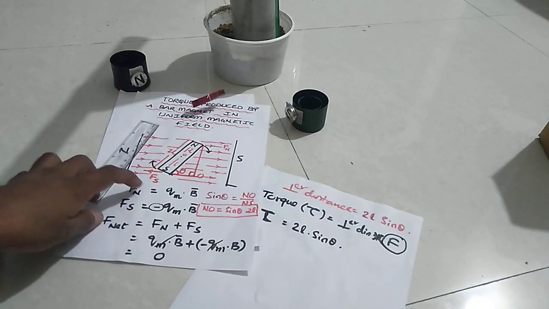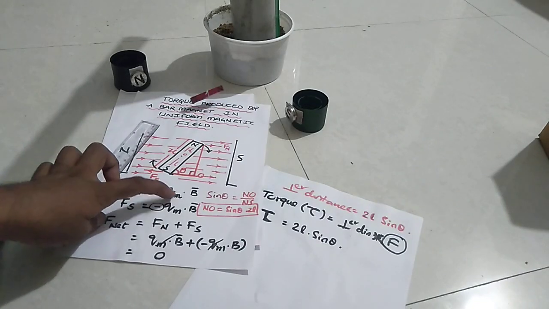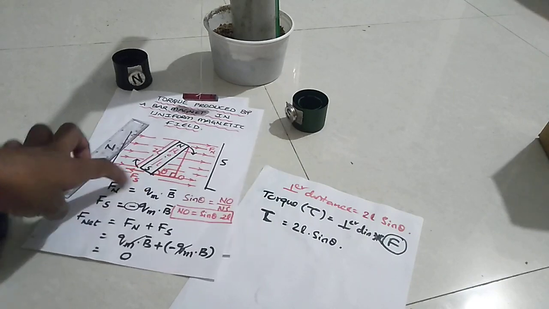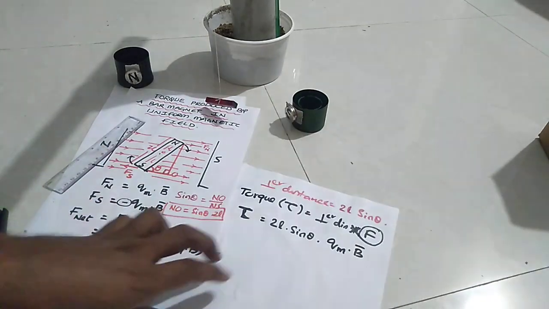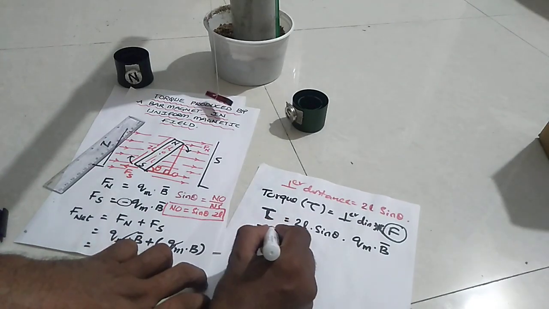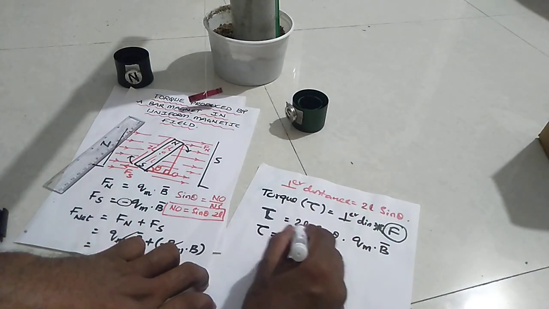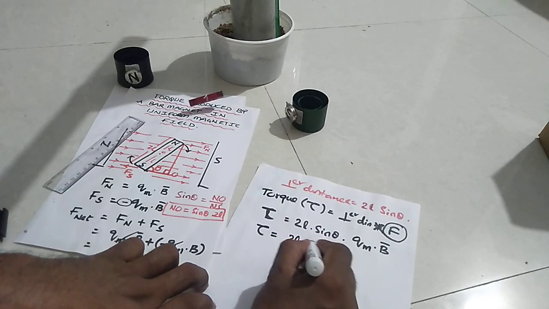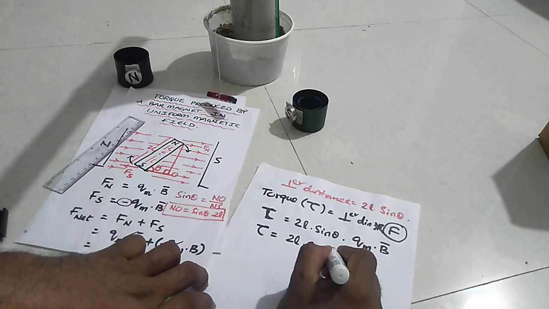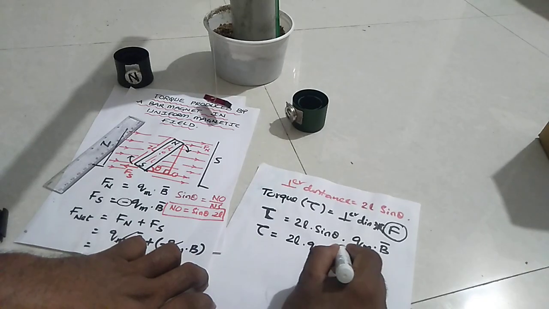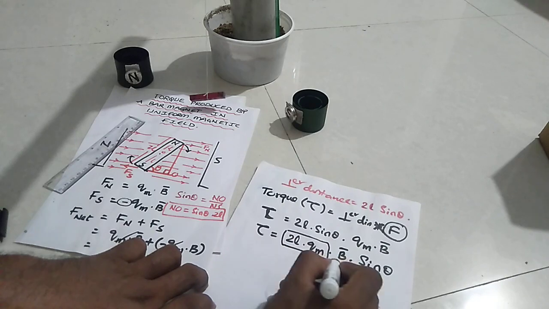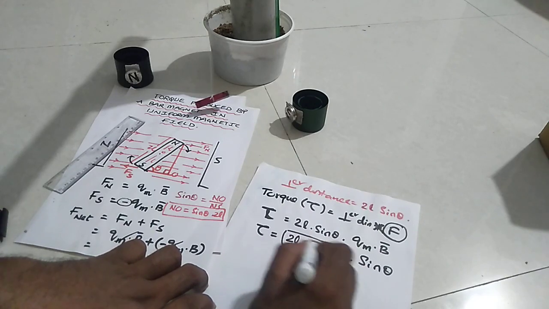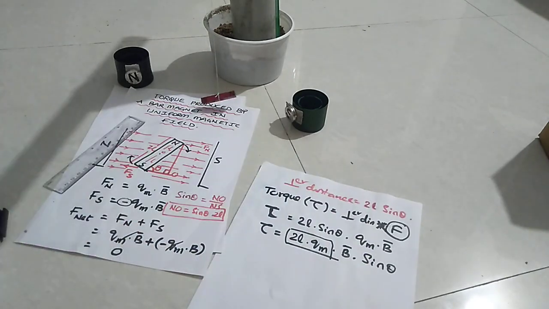Force, I already told you that these two are equal in magnitude. That's why magnitude-wise both are the same. I can take qm into b. So the value of tau, I am writing in proper order, is 2L into qm into b into sine theta. Now can you tell me what the length of the bar magnet times its pole strength is? That is what we call the magnetic moment.